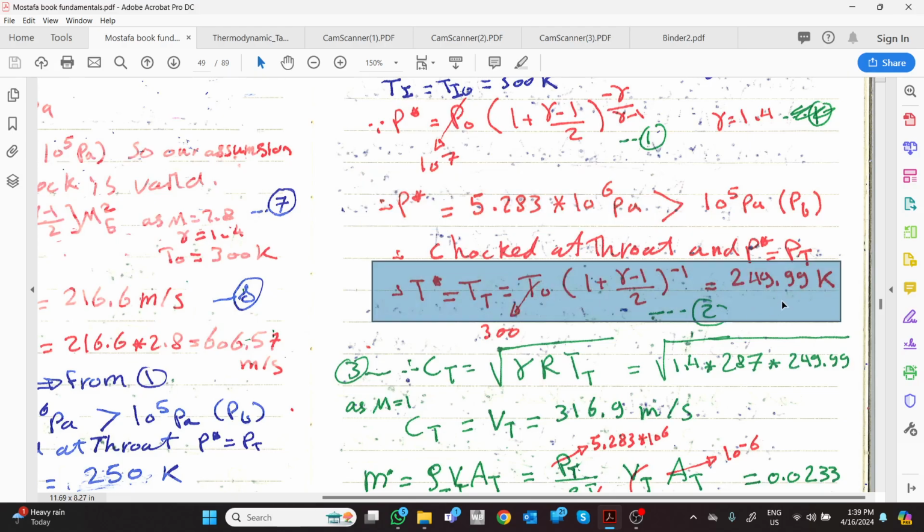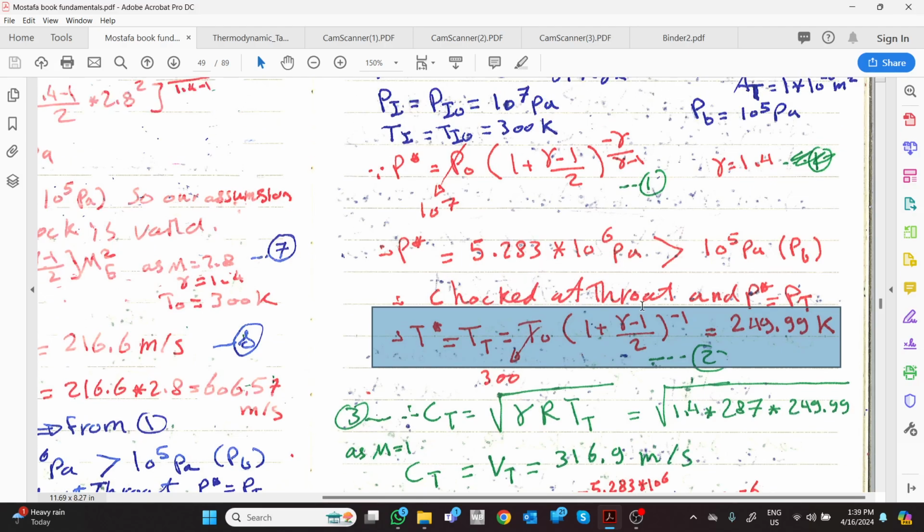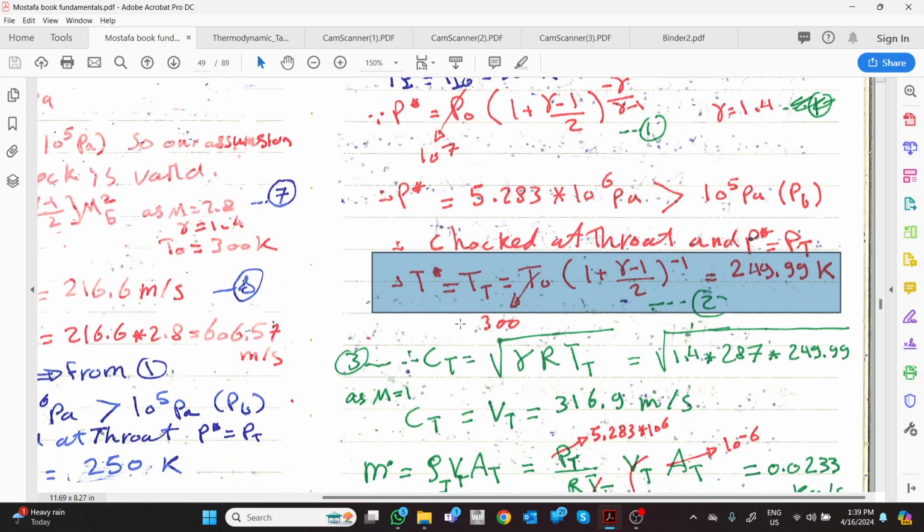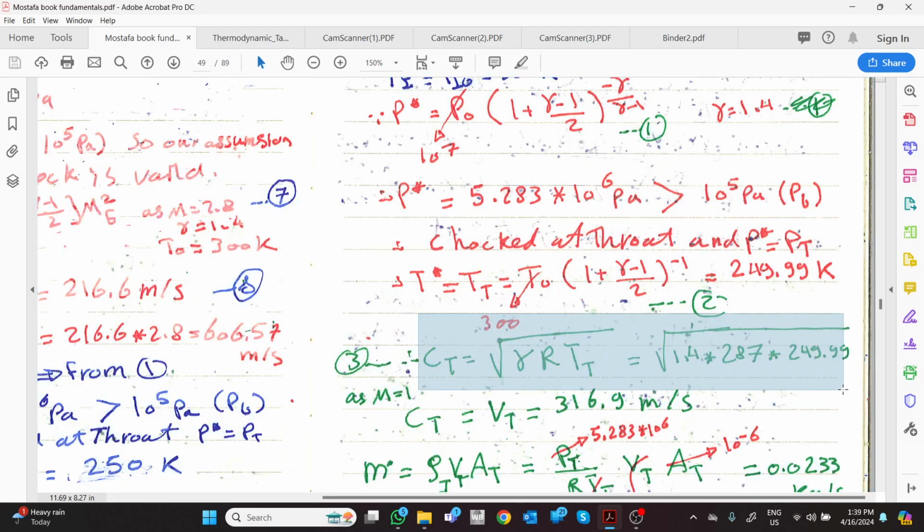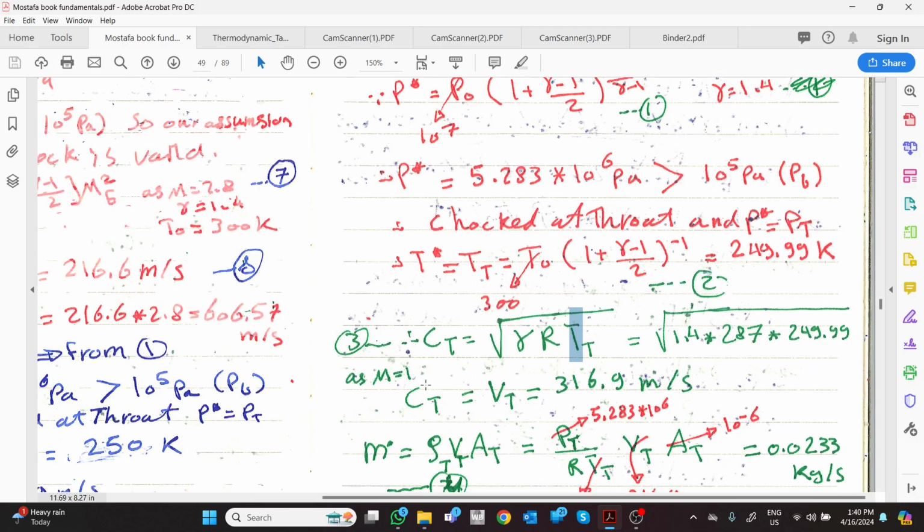Based on this, we can calculate T star. Same, we know the stagnation temperature. From P star and T star, we can calculate C at the throat, the speed of sound at the throat. It is T throat, which is T star, multiplied by all of this number, and we know the Mach number is 1, so the velocity at the throat is this number.